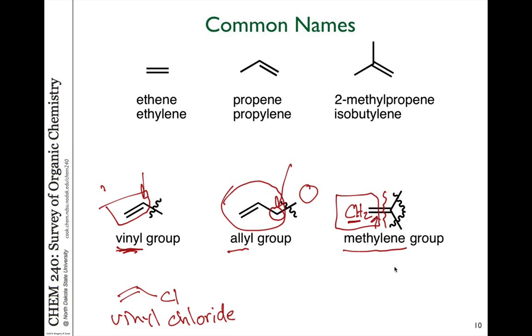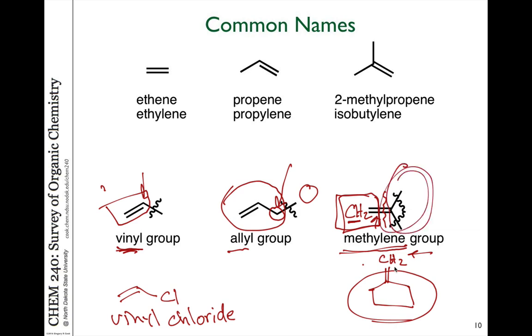Well, in cases where you have a larger ring, so this is a cyclopentane, the double bond is not in the ring, and you want to refer to this group hanging off. We refer to this as a methylene cyclopentane in a common naming system. So you might hear this word methylene, and it simply stands for a CH2 double bonded to something else. And that could be many different things.